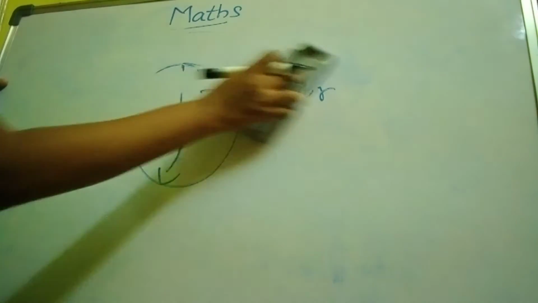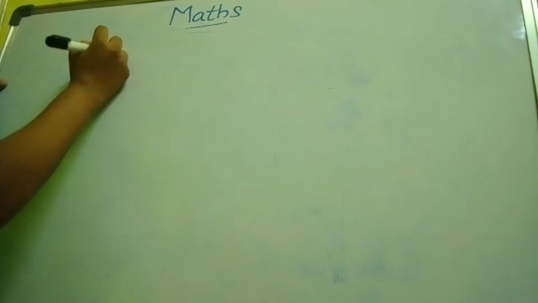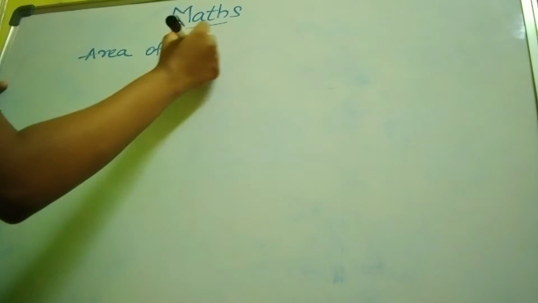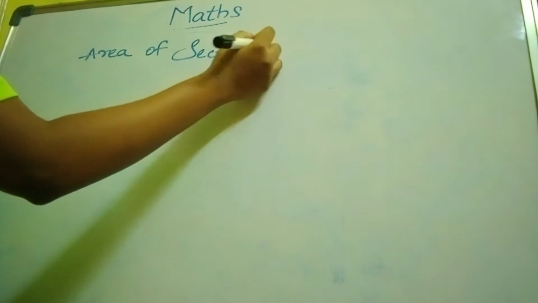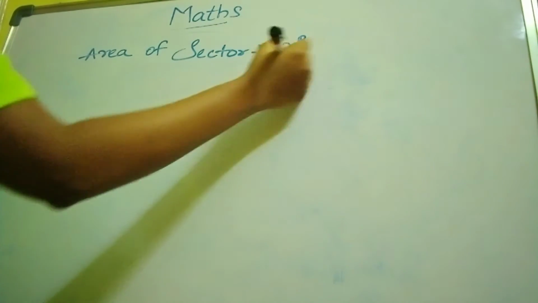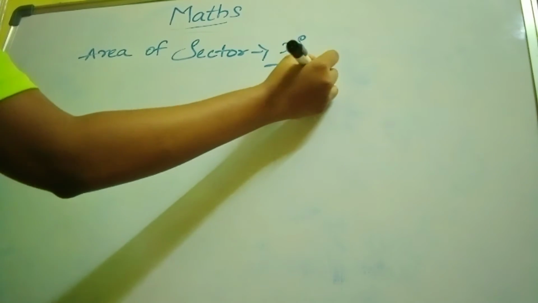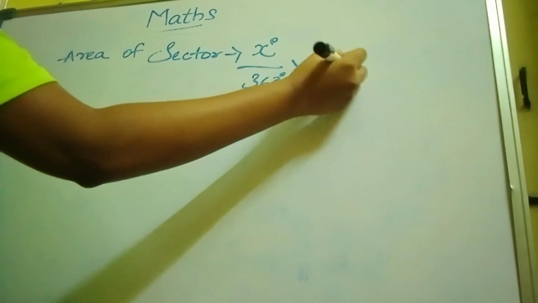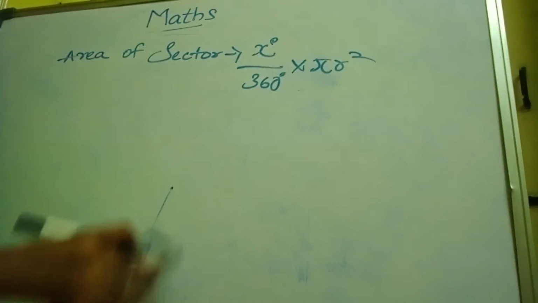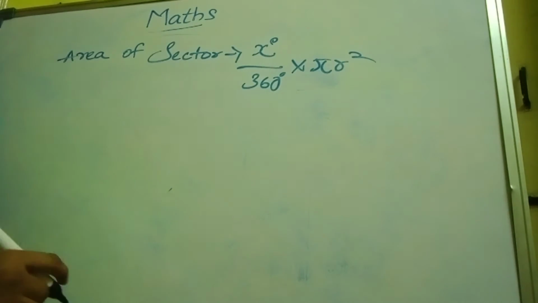Now what is the area of a sector formula? The area of a sector is x degrees by 360 degrees into pi r square.